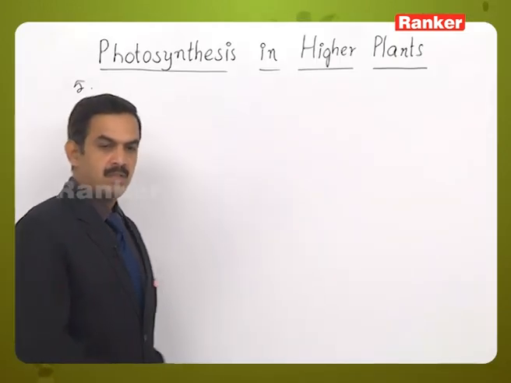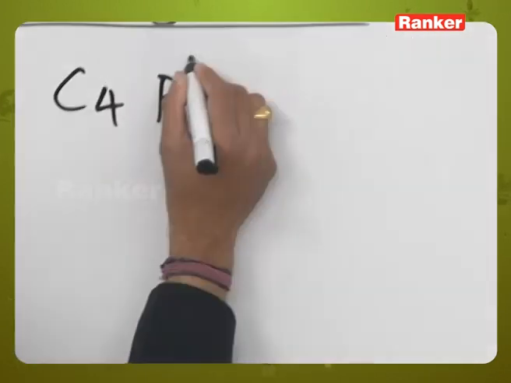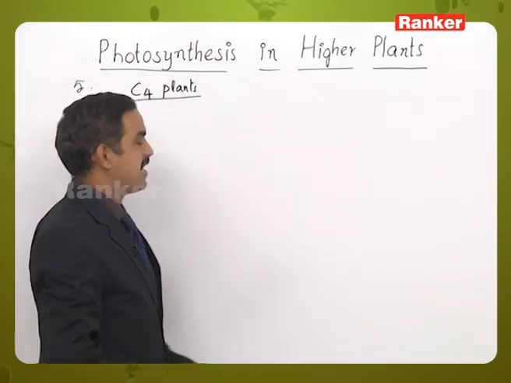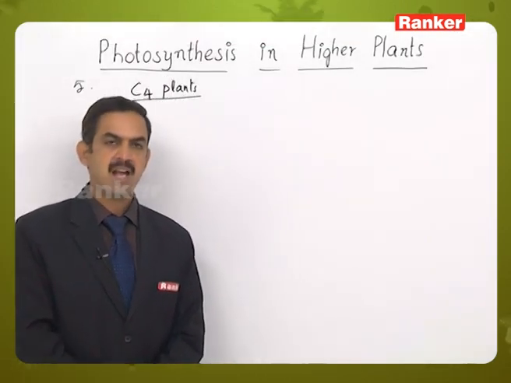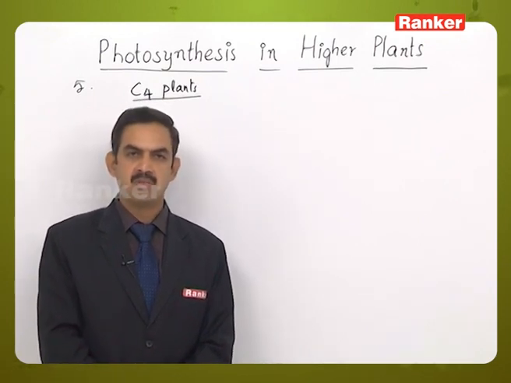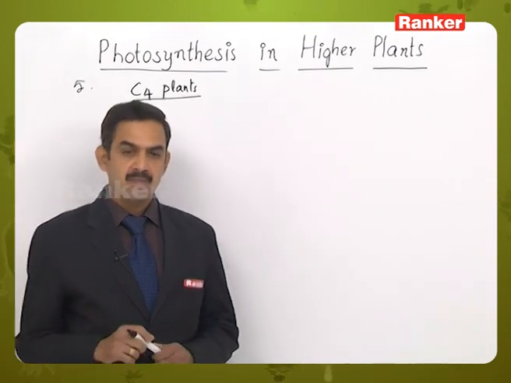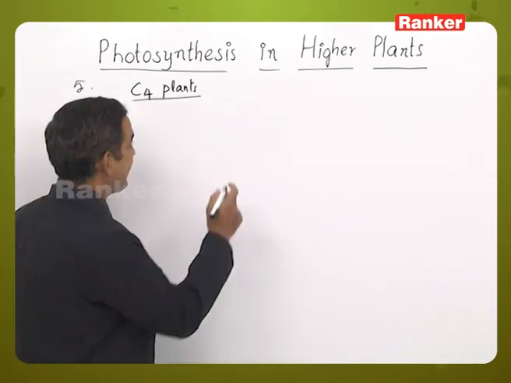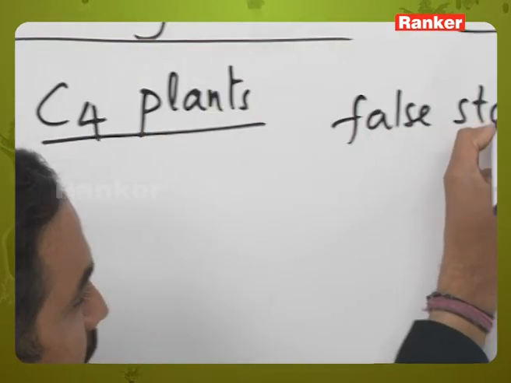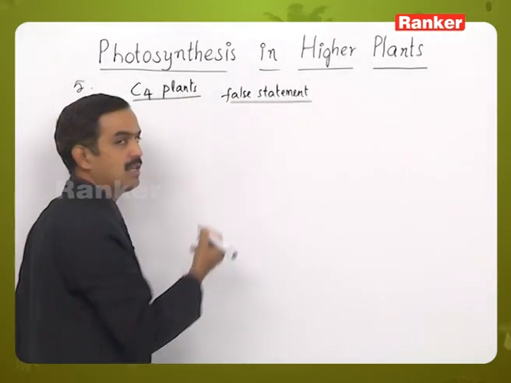So this is a question related to the C4 pathway. As we had already discussed, C4 plants are those in which the first stable compound is a 4-carbon compound, that is oxaloacetic acid. Here we have to identify the false statement related to C4 plants.